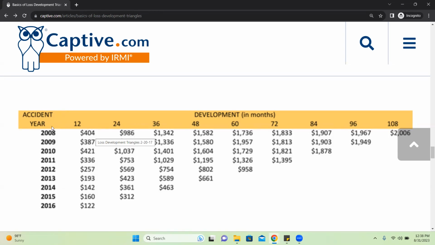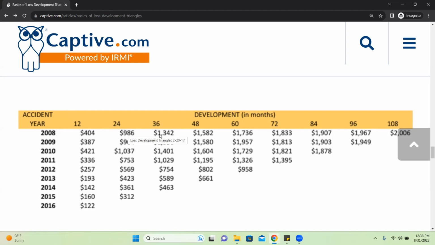So for the claims that were submitted in '08, in 12 months, $404,000 claims have been paid. And then 12 months later, in 24 months, this amount has been updated to $986,000.